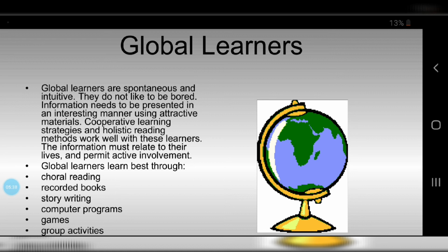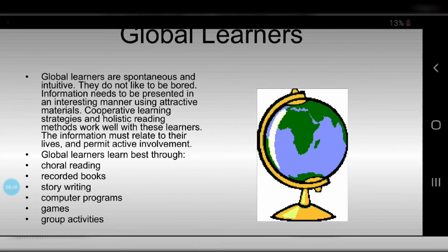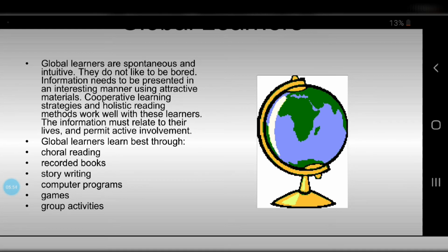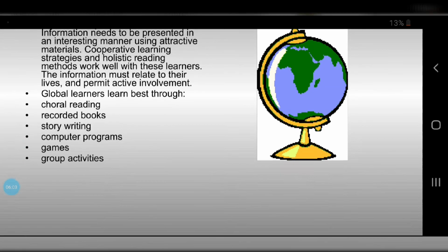The information must relate to their lives and permit active involvement. So they really want to be active. How do they learn best? It's through choral reading, recorded books, story writing, computer programs, games, and group activities.